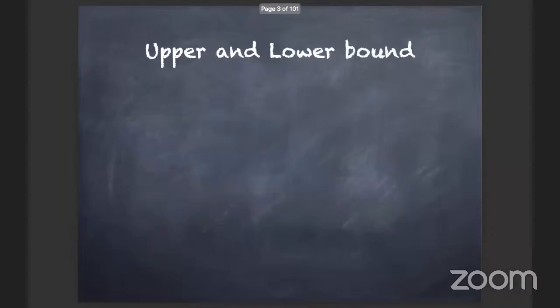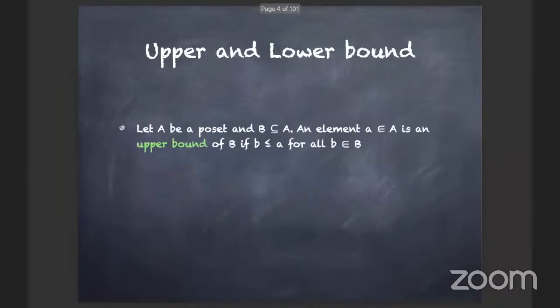So let's start with the upper and lower bounds of subsets of posets. Take A to be any poset, and then take any subset B of A. Then an element A is said to be an upper bound if B is less equal to A for all B in capital B. So the usual definition.